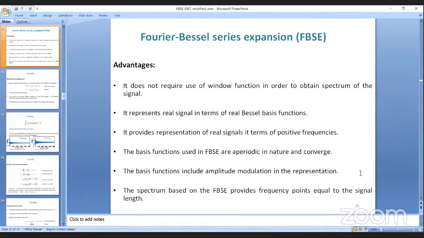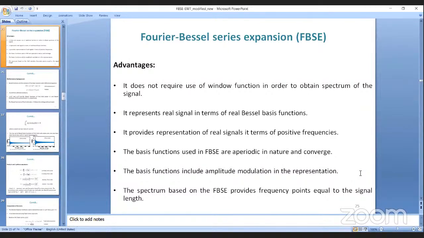So due to their decaying nature in time, they provide this amplitude modulation in the representation. So due to that, the bandwidth of the signal is a function of two modulations, amplitude modulation and frequency modulation. So if you have amplitude modulation, then that will help you to get a compact representation in the frequency domain.